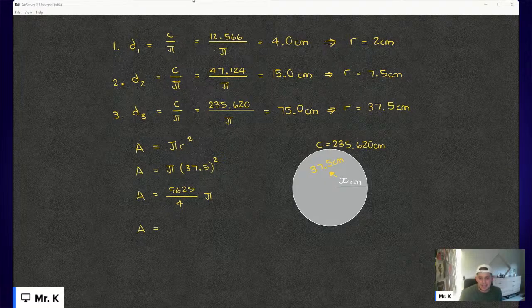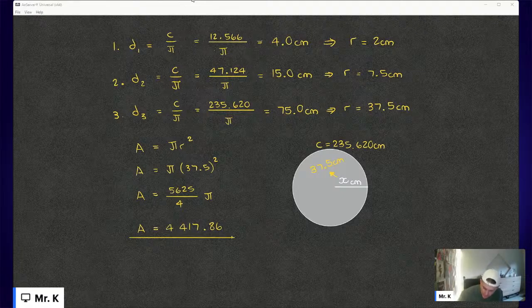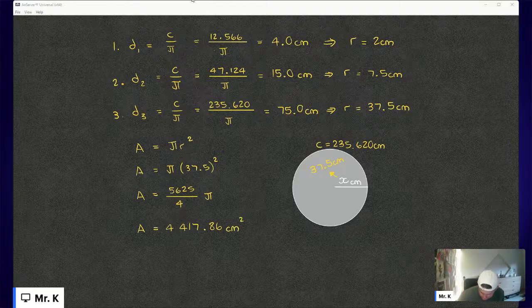But your tests are very likely going to ask you to convert everything to two decimal places because that's what we do in measurement. So we'll find that the area of this circle is 4,417.86 square centimeters. Don't forget your units.